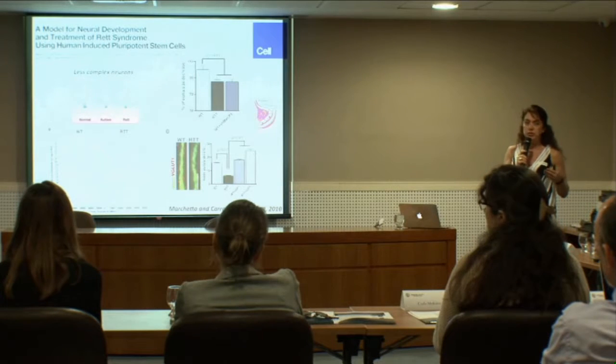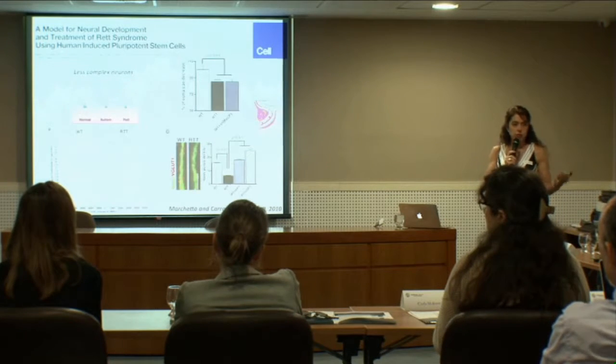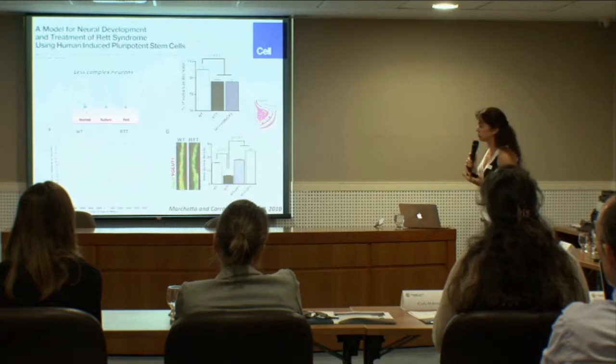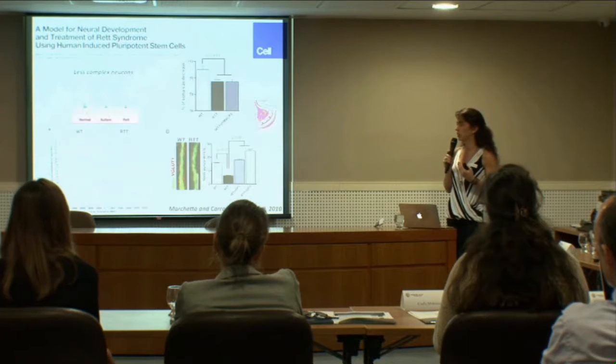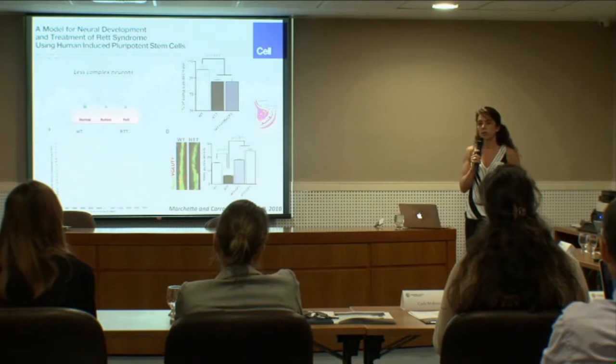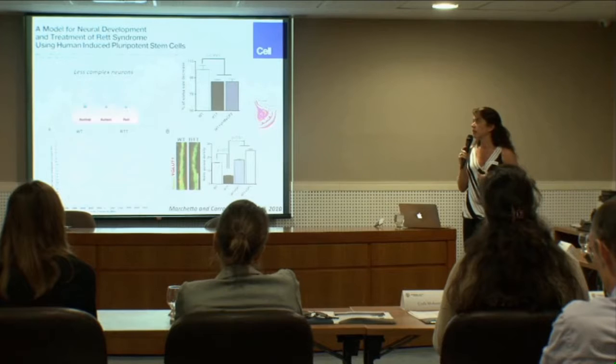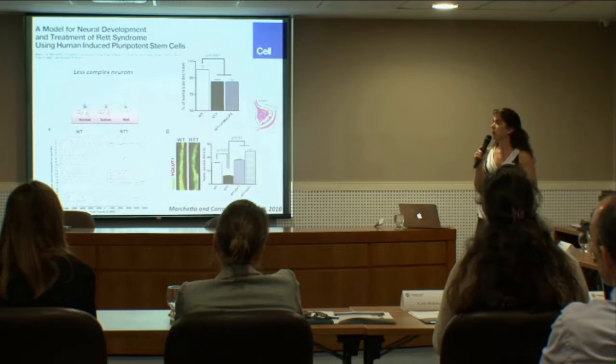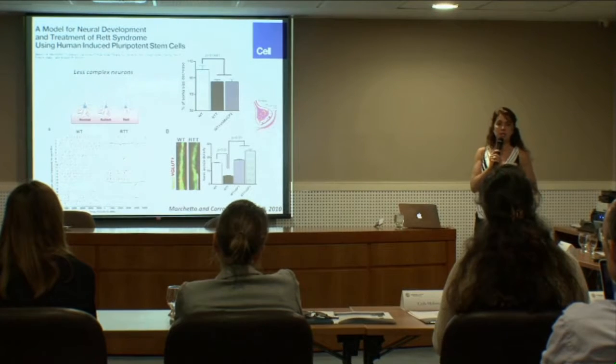In addition, they used the neurons in a dish to test drugs. They discovered one drug which is particularly important, which rescued some neurons, and this discovery started a clinical trial in the US.